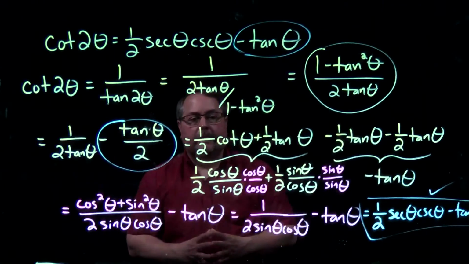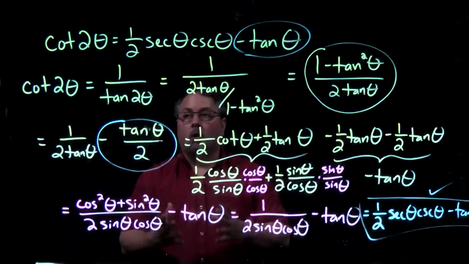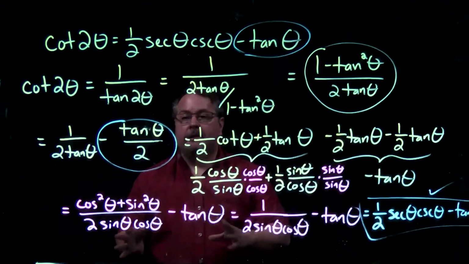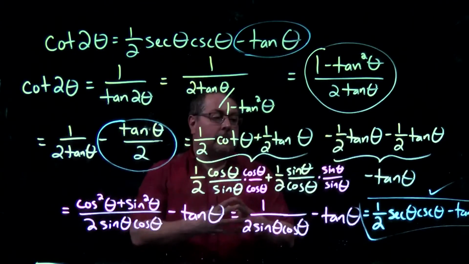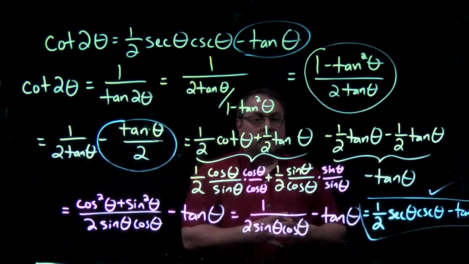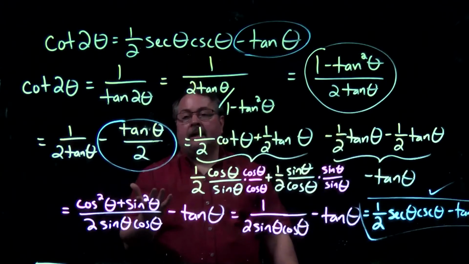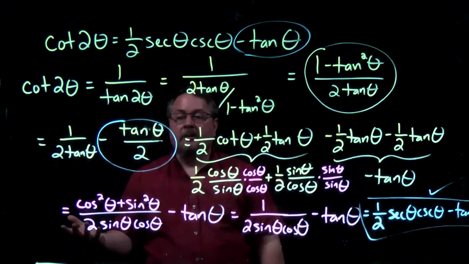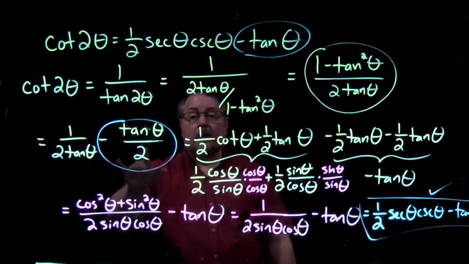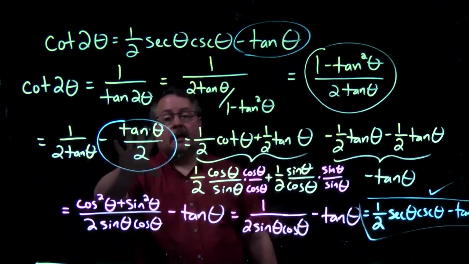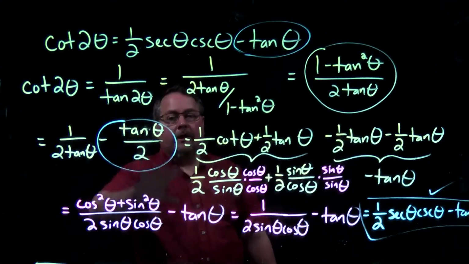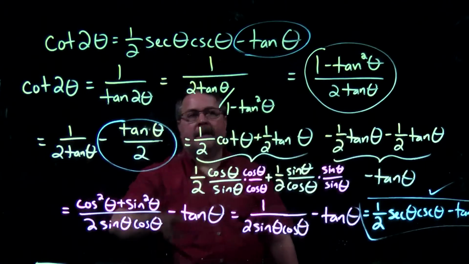Okay, so that's a very much more complicated identity than the other ones that we had to prove. But again, what we did was all in the realm of feasibility. The biggest thing here, and this is not a technique that we use very often, but it helps sometimes, we noted the fact that we were subtracting 1/2 of a tangent theta.